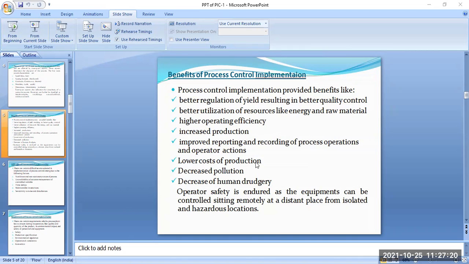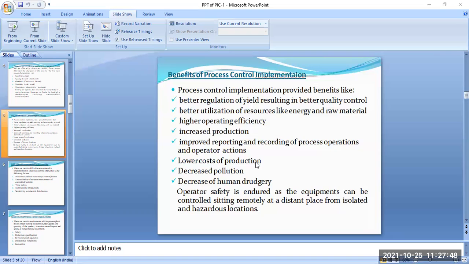Next, lower cost of production, that is number 6. So when we operate a process industry or process plant, you have to follow that the cost level is very low, because if the production cost is high, the market value of this product is also high. So the demand for this particular product is low in the customer market, so you have to keep the production cost very low.